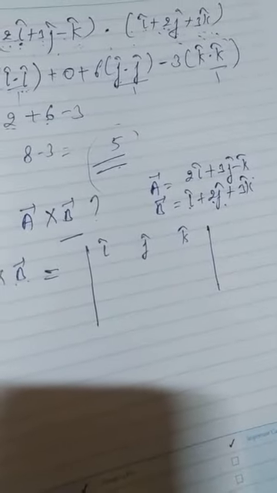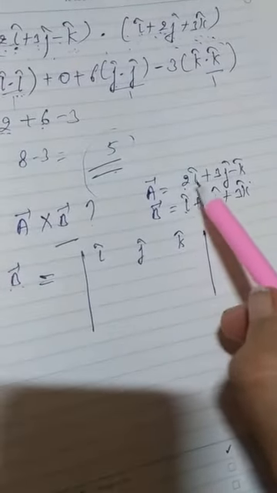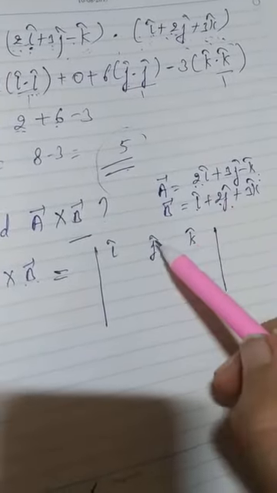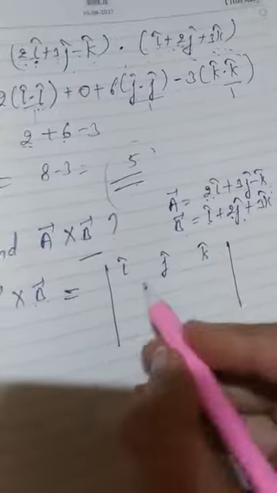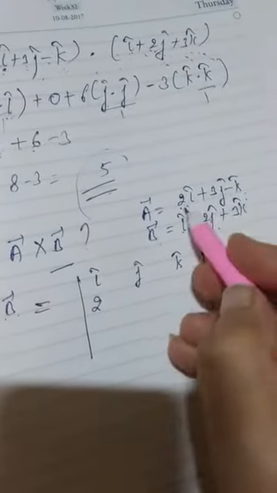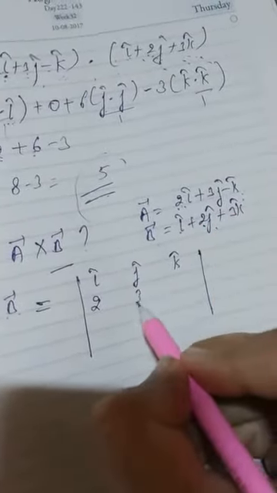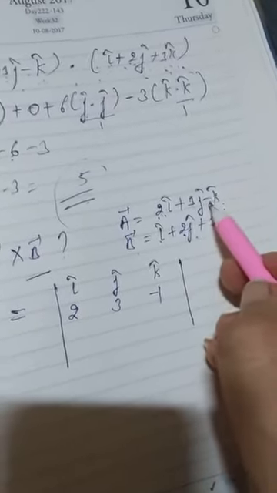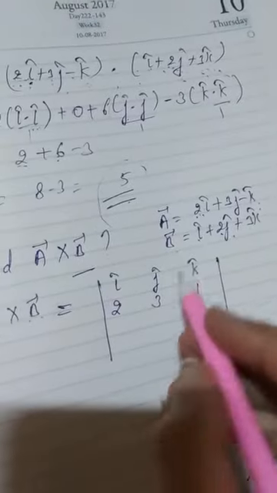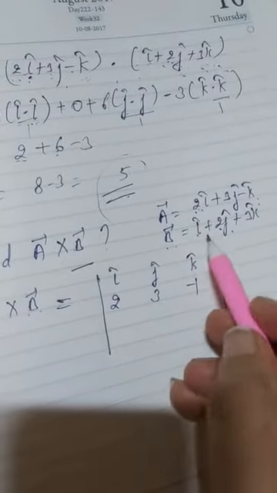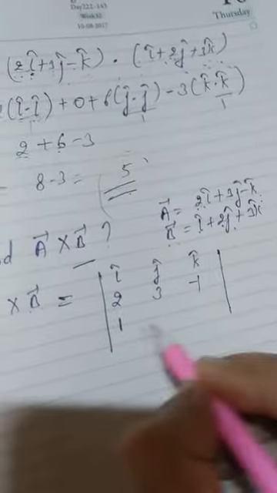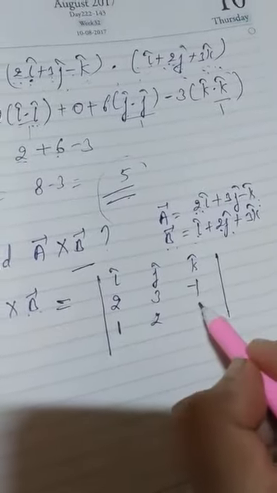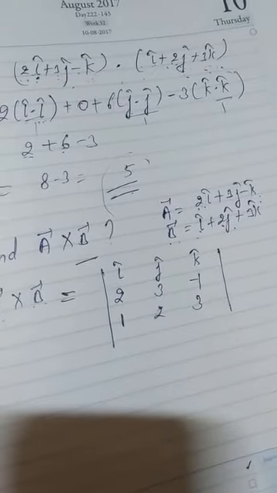Then we will write the components of A vector, then of B vector. Along i cap 2, along j cap 3, along k cap minus 1. Remember, here is a minus, that's why we take minus here. Now for B vector, along i cap we take 1, along j cap we take 2, along k cap we take 3.